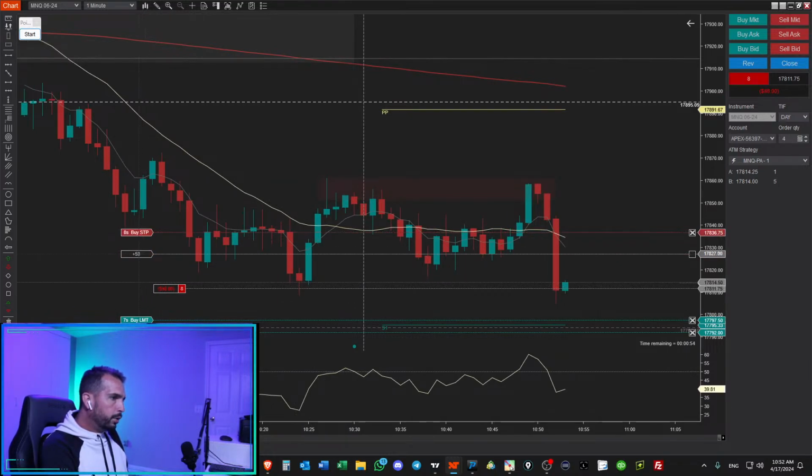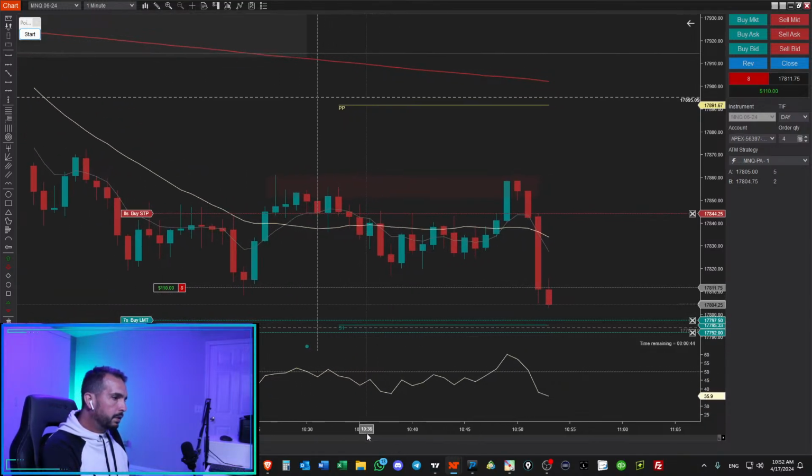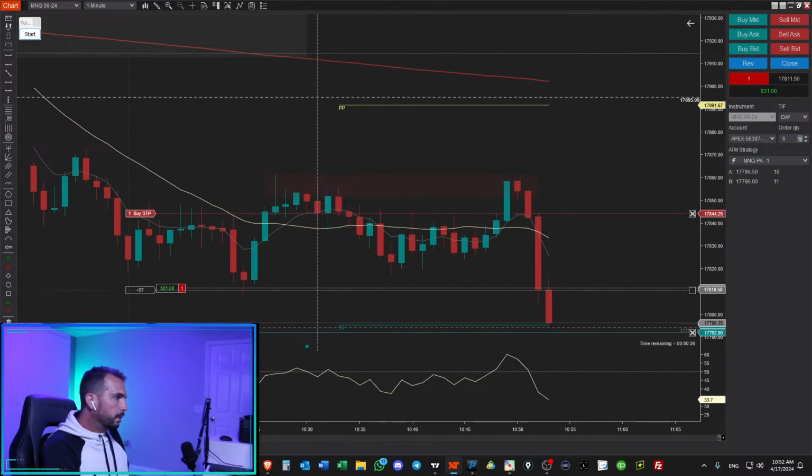So not a tilt mode, we're just going on this a little heavy because we got more confidence. Right? Target filled. Break even. Now we'll lower this.